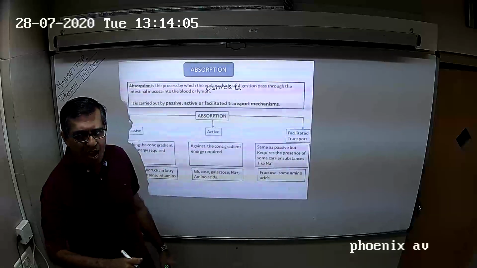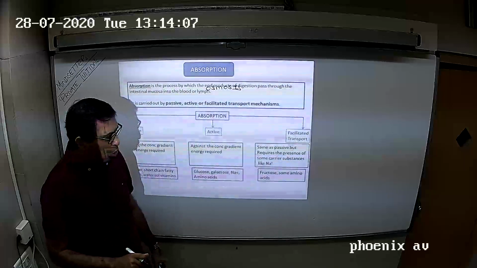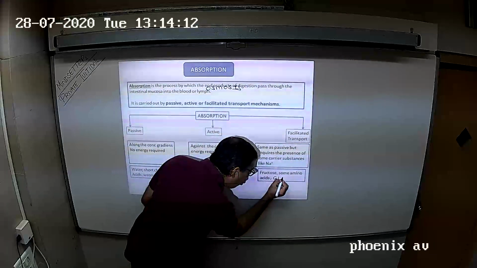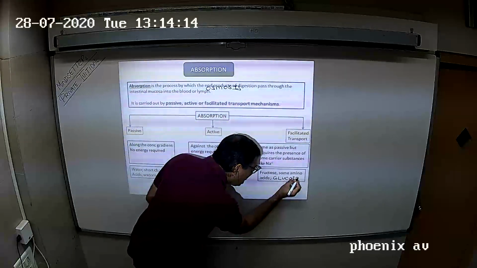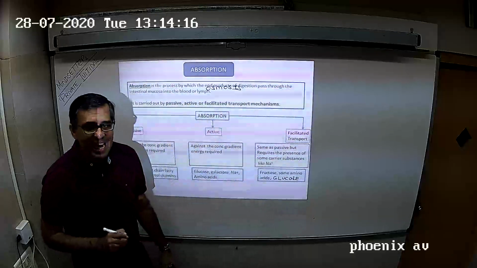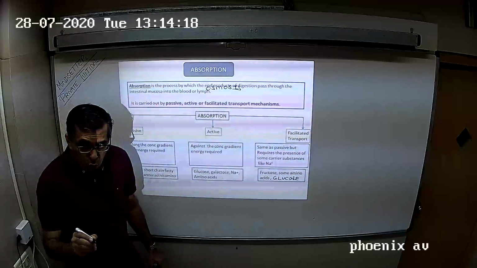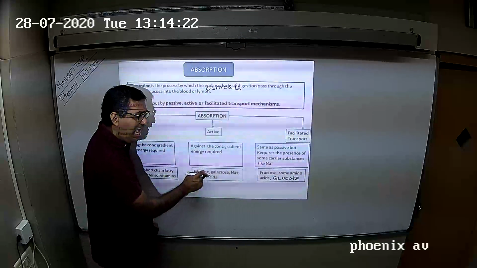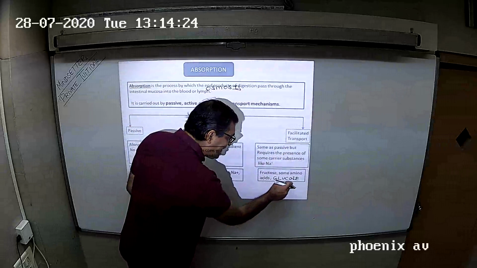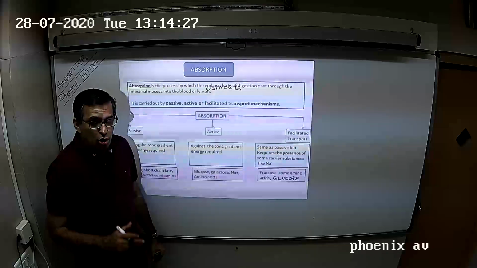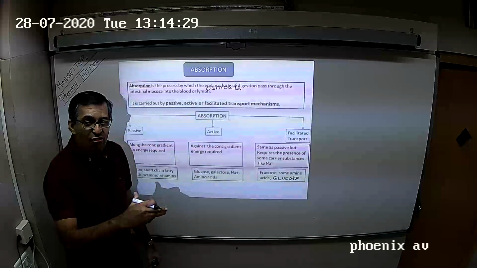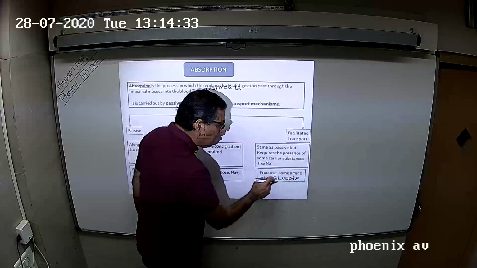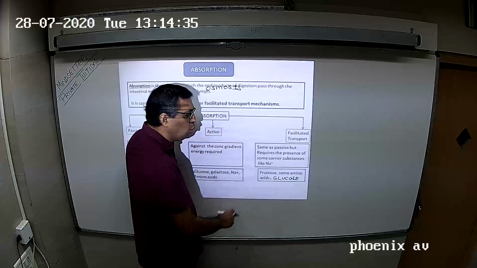As a matter of fact, write in your books, along with fructose, some glucose also undergoes facilitated transport. So glucose is actively transported and also facilitated transported. So these substances undergo facilitated transport: fructose, some amino acids, and glucose.